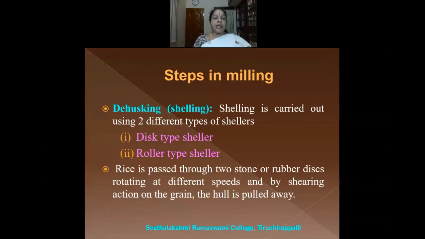So this is something like that. The machine is designed in this way. There may be two discs in the sheller, which is the first type, and in the second type there are two rollers that are capable of rolling. When the grains are passed between these two discs or these two rollers, because of the pressure and the shearing action, the outer portion of the hull is removed.